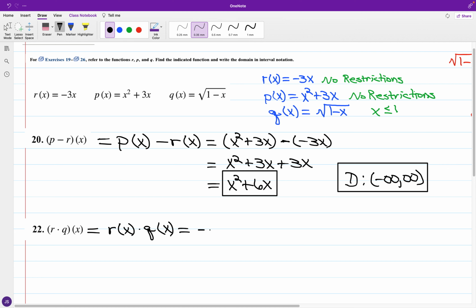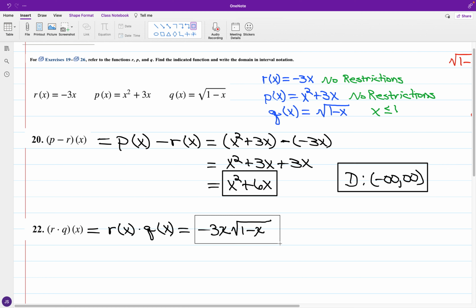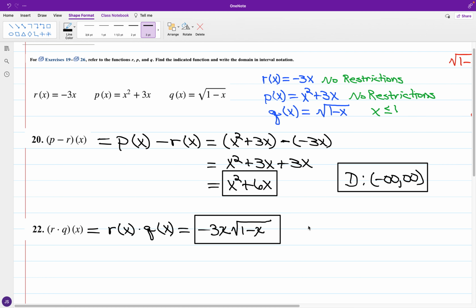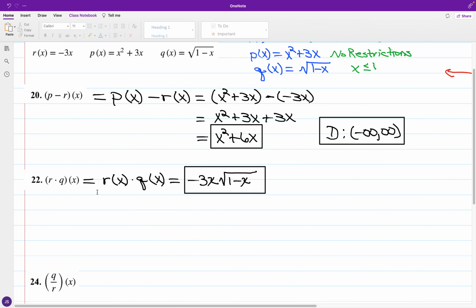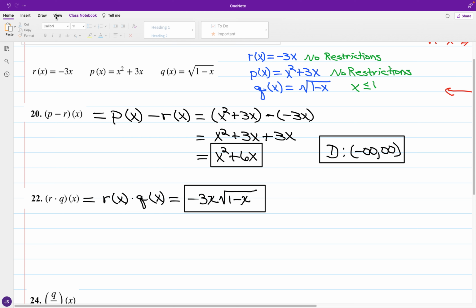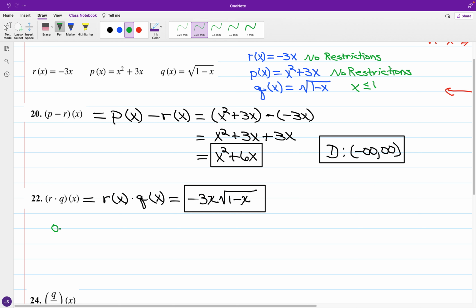R of x is negative 3x, and q of x is the square root of 1 minus x. No distributing can be done in this case, right? So you're just filling in negative 3x for r of x and the square root of 1 minus x for q of x. This will be our result. And for r of x and q of x, again, combining the restrictions, the only restriction comes from the q of x portion.